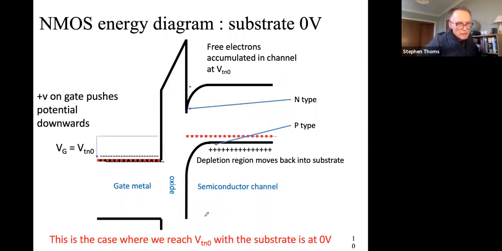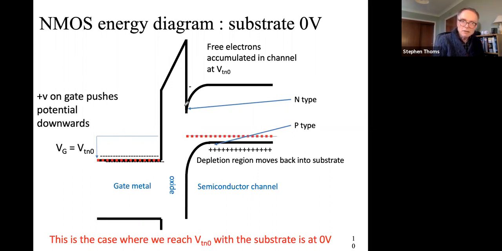We can think about this in terms of the energy diagrams, which we were looking at way back at the beginning of the course. We're going to look at them quickly, but if you remember, this represents the gate here. This is the semiconductor channel with the oxide in the middle. And as we put a positive potential on the gate, on this diagram, it pushes this down relative to the potential on the substrate.